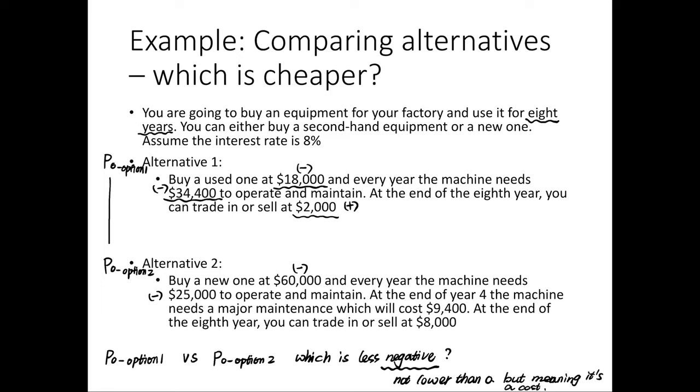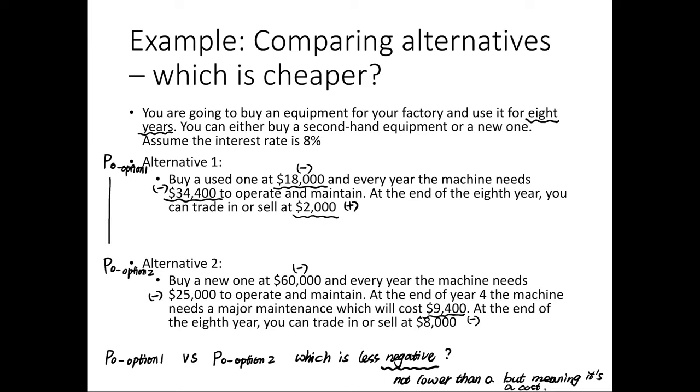And at the end of year 4, the machine needs a major maintenance, which will cost 9,400. That major maintenance is also a cost, so it's negative.